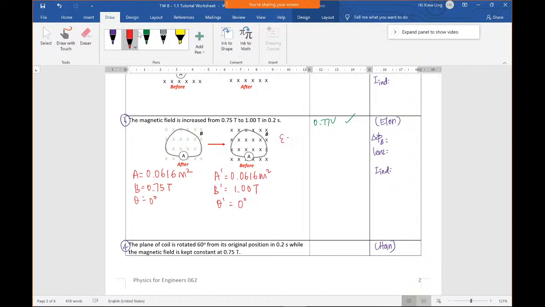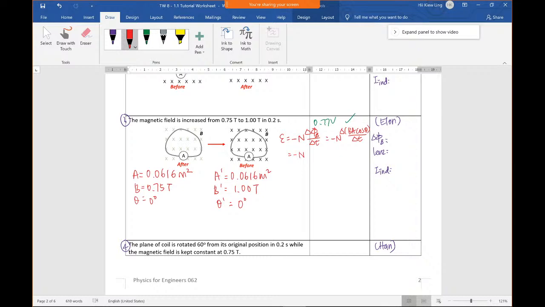Okay, so start from Faraday's equation. Expand the equation. Put the constants in front of the delta sign.